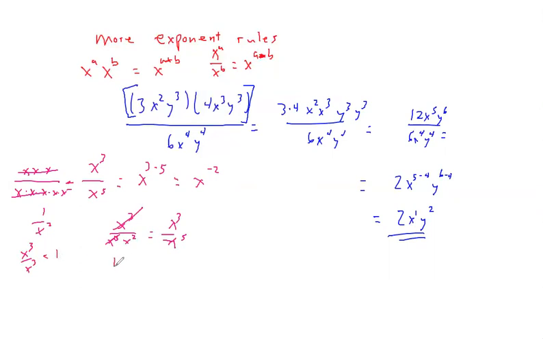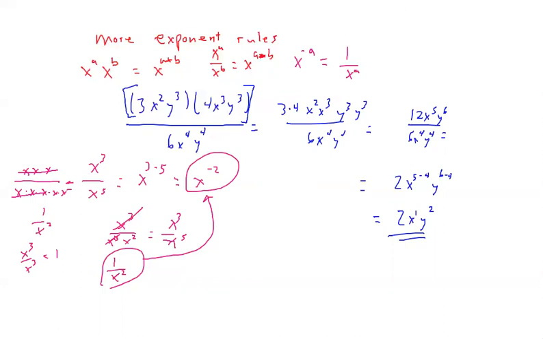So that leaves us with 1 over x squared. Now here's the deal. If we've done everything right, by the division rule we get this, by the canceling rule we get this. So 1 over x squared must equal x to the negative 2. So x to the negative a equals 1 over x to the a.